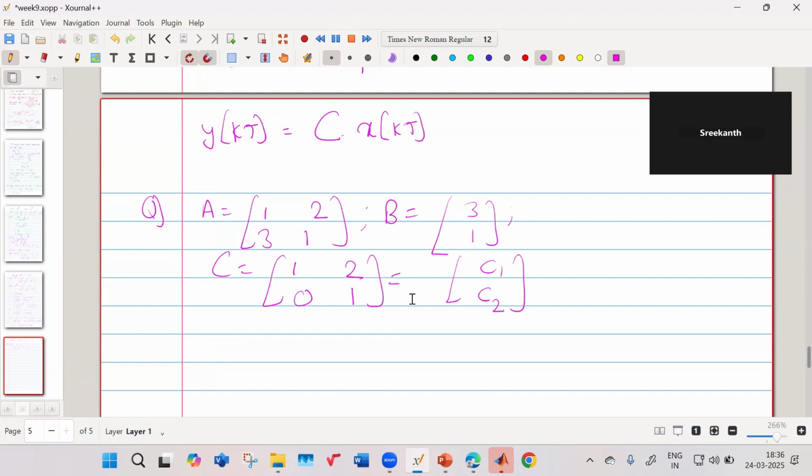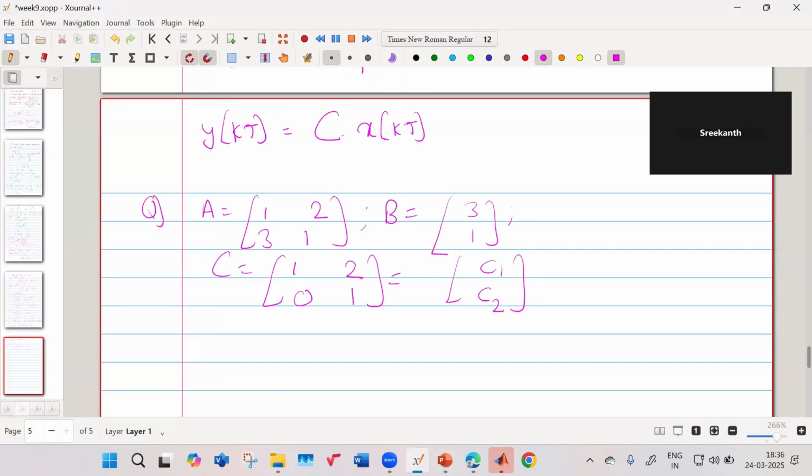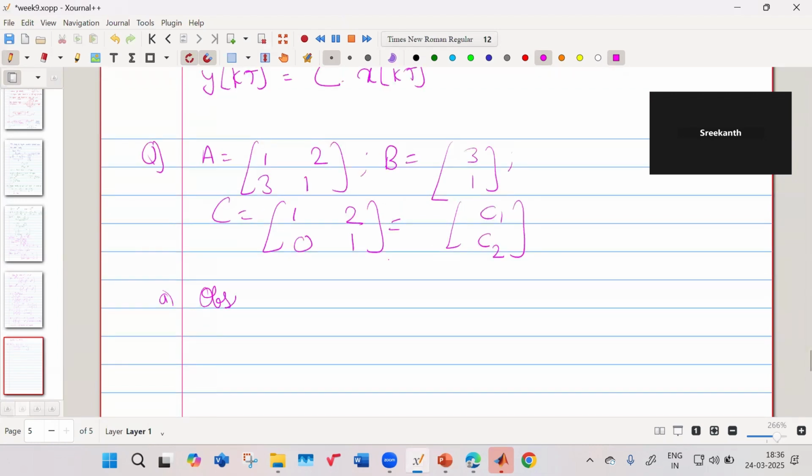Now we first have to check if the system is observable. That is our first criterion. So we will start with an observability test. Simple: C and C into A. What is C into A? 1, 2, 0, 1 into A, which is 1, 2, 3, 1.